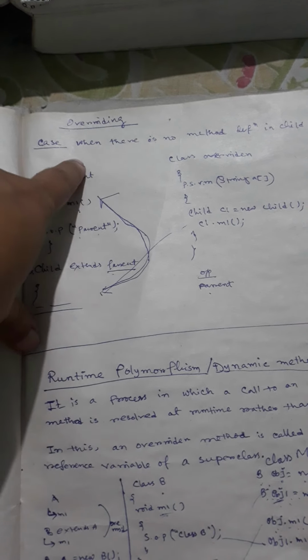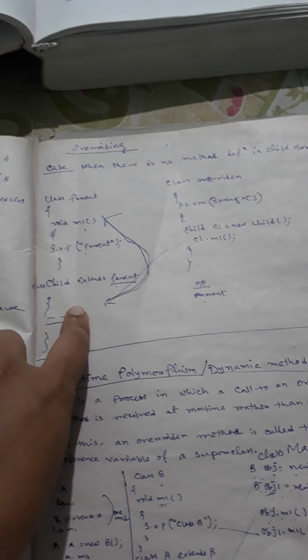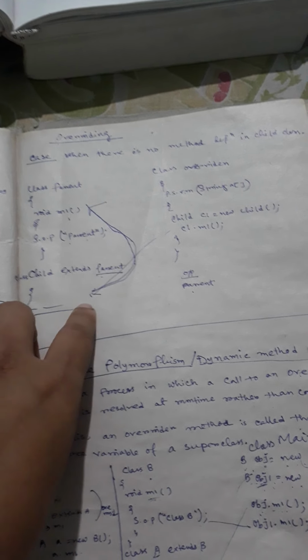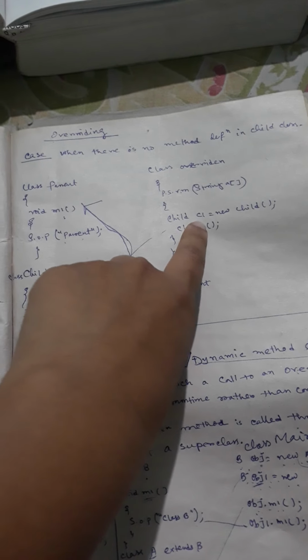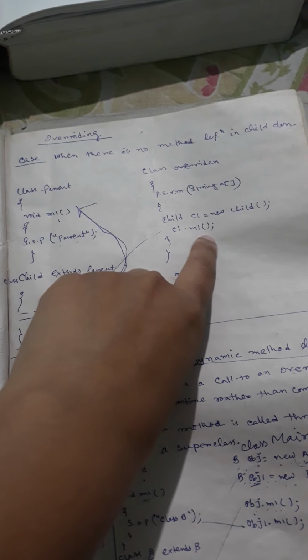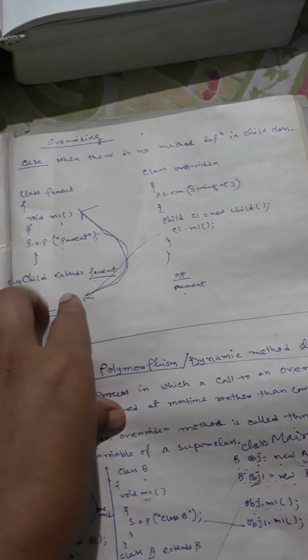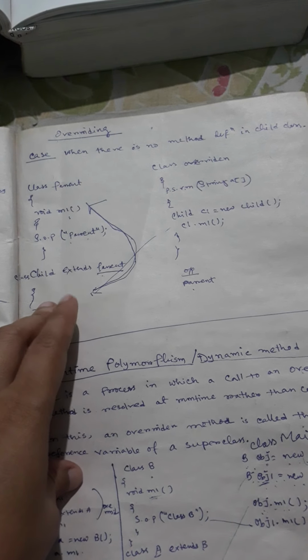Now I want to discuss one case of overriding: if the child class has no method definition, then what will be the output? Suppose the child class object is c1. Using the child class object the method will be called, but the child has no method.